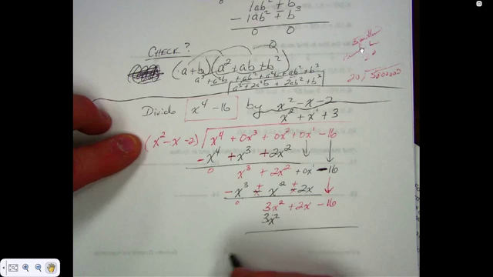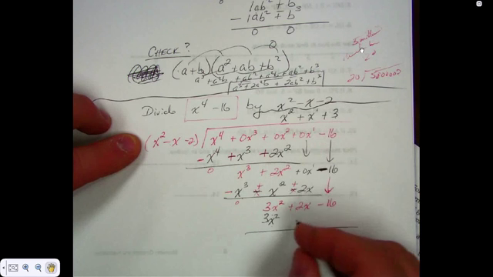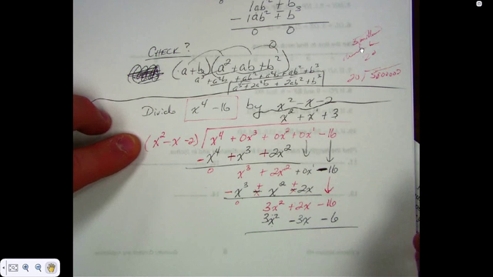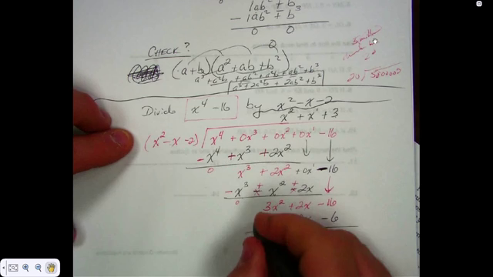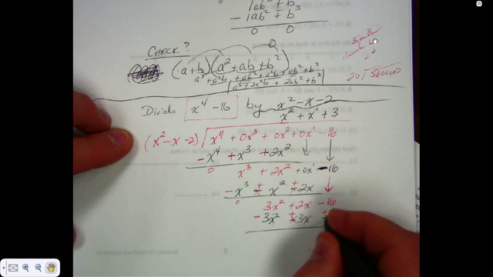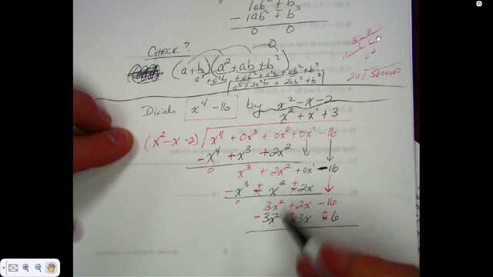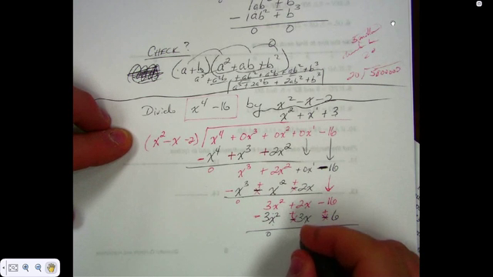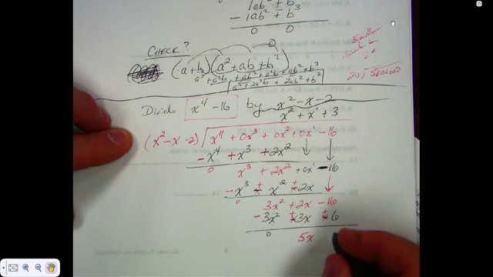They're the same. 3 times negative x would be a negative 3x. 3 times negative 2 would give me a negative 6, correct? Don't forget, what do I do now? Change the sign. So now this goes to 0. This becomes 5x, and this becomes minus what?